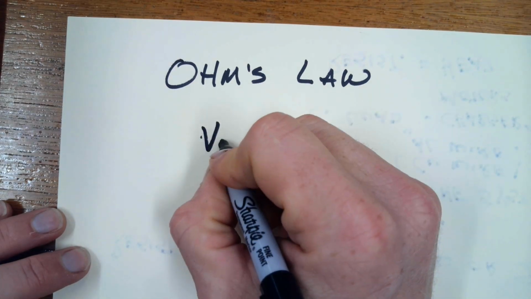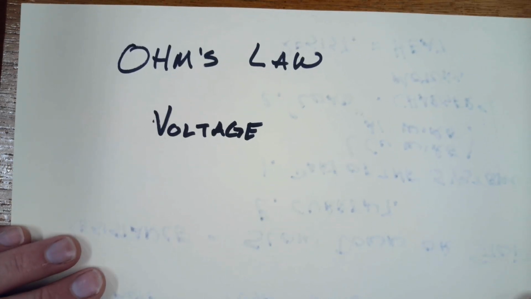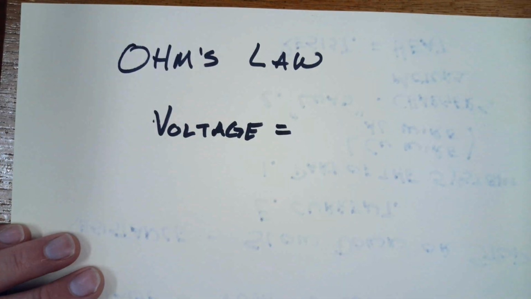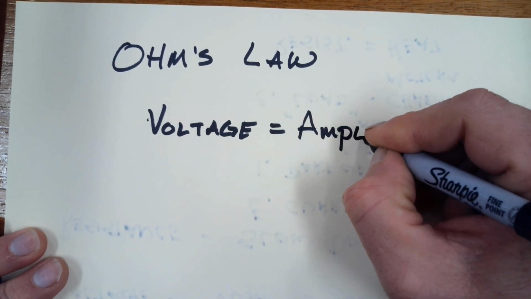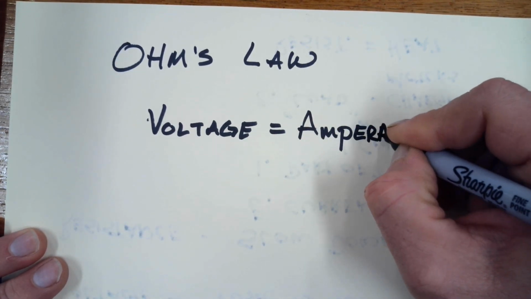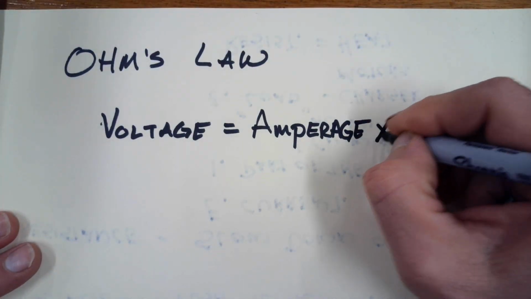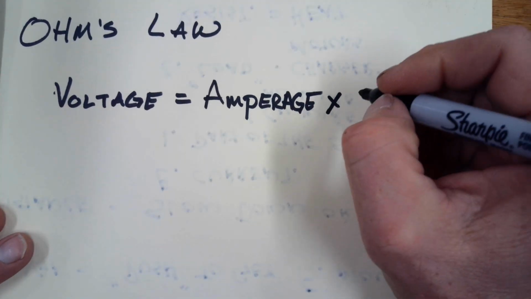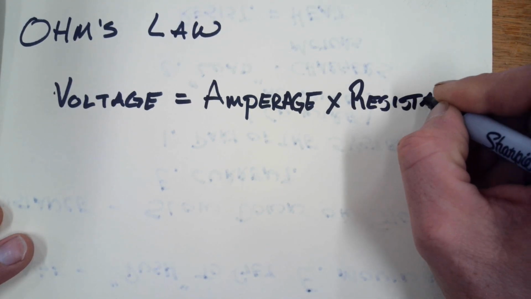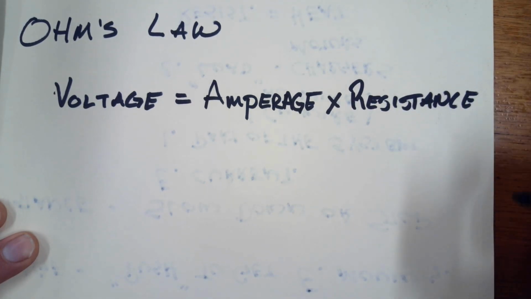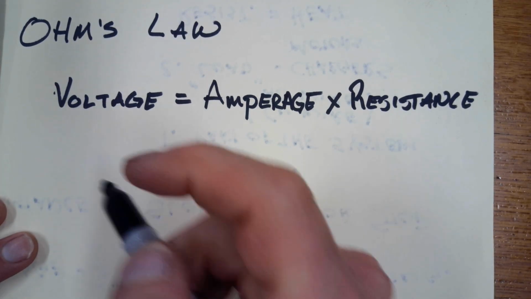If we're looking for the voltage required in a circuit, we're going to take the voltage, and that will equal the amount of amps or amperage in that circuit, times its resistance in that circuit.